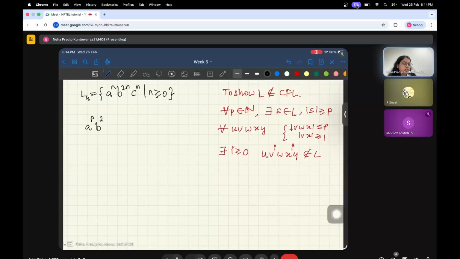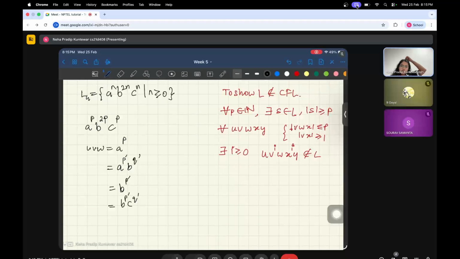These are definitely fewer cases than earlier, because either it's all A's, or it is A to the P prime, B to the Q prime, or it is just some number of B's, or some number of B's followed by some number of C's.